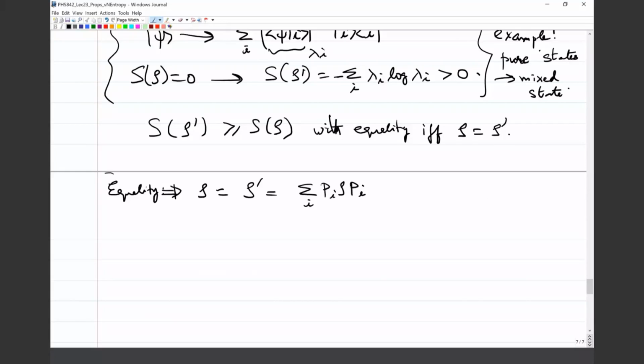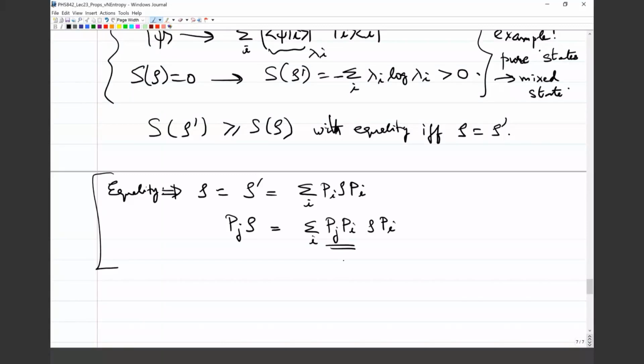So what does this mean? Suppose I multiply on both sides with one of the P_j's. So I will do P_j rho. This is the sum over i of P_j P_i rho P_i. P_j is one of the other projectors in the set. So what is P_j P_i?